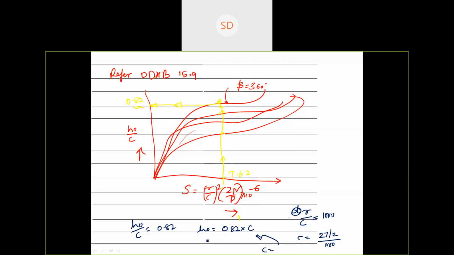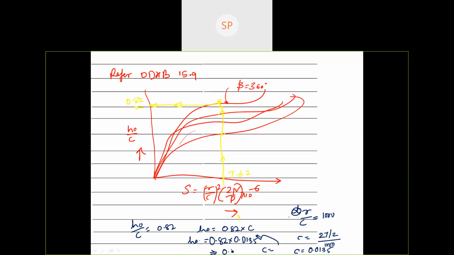C equals 0.0135. Now h naught is equal to 0.82 into 0.0135. h naught is 0.01107.